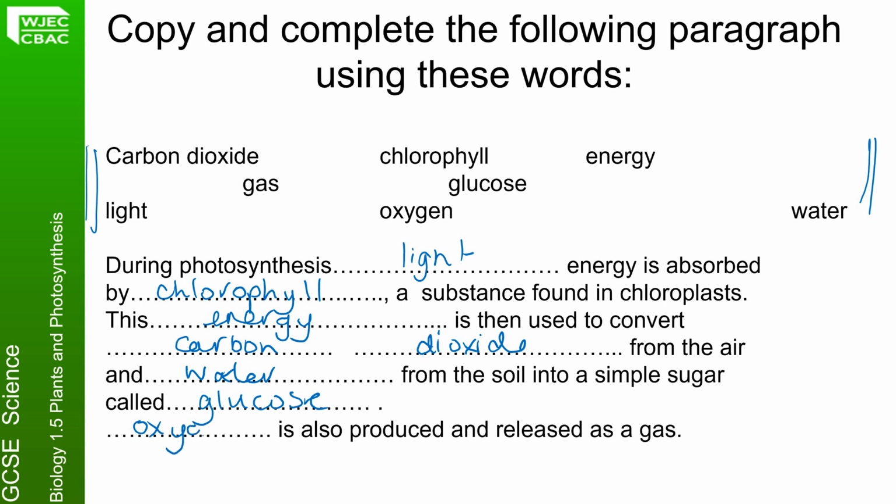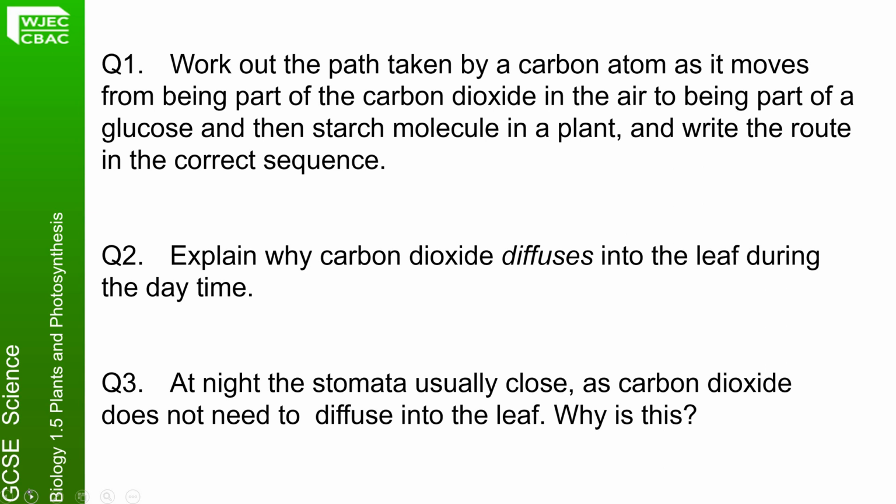Oxygen is also produced and released as a gas. So check you've got those in the right spaces and give yourself a mark out of 1, 2, 3, 4, 5, 6, 7, 8 out of 8. We're then going to answer these next 3 questions.